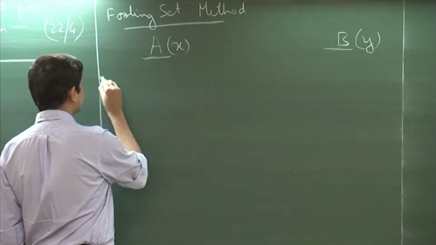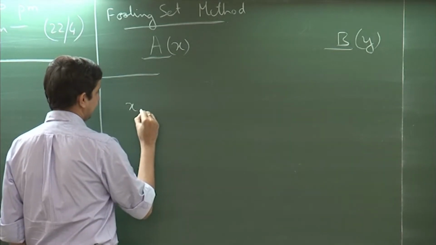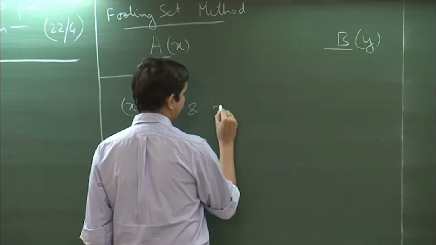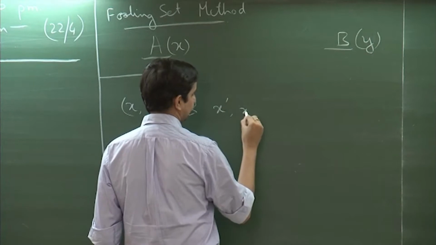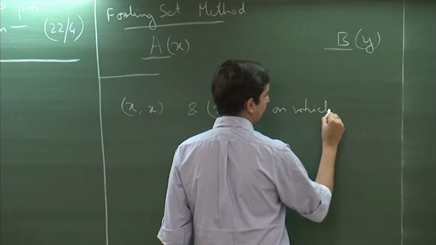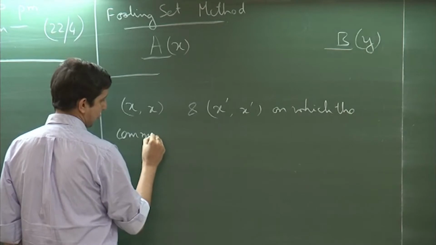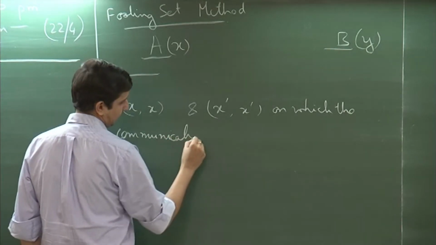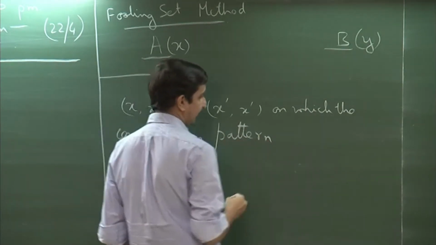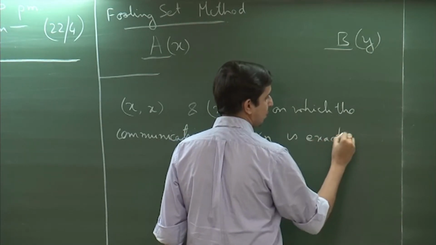So, suppose we have two pairs of strings, let us say x comma x and maybe some x prime comma x prime, on which the communication pattern is exactly the same.